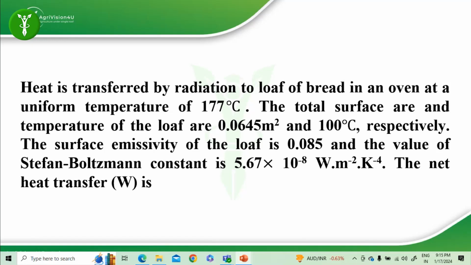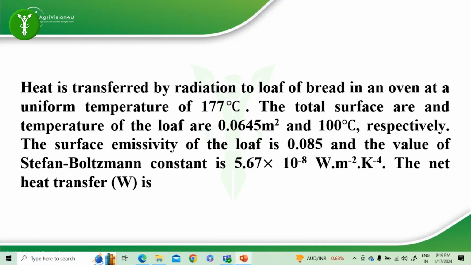The surface emissivity of the loaf is 0.085 and the value of the Stefan-Boltzmann constant is 5.67 into 10 to the minus 8 watt per meter square per Kelvin raised to the power minus 4. We are supposed to calculate the net heat transfer W.